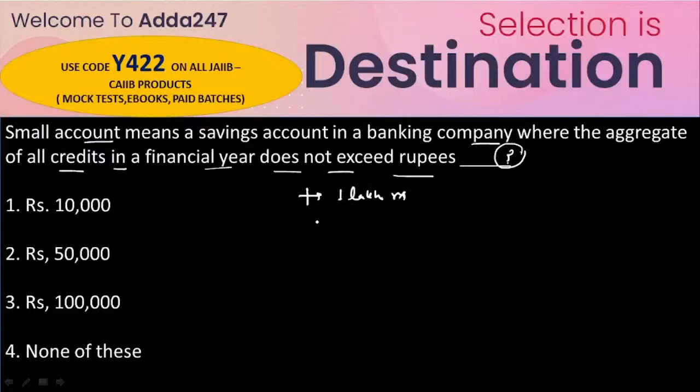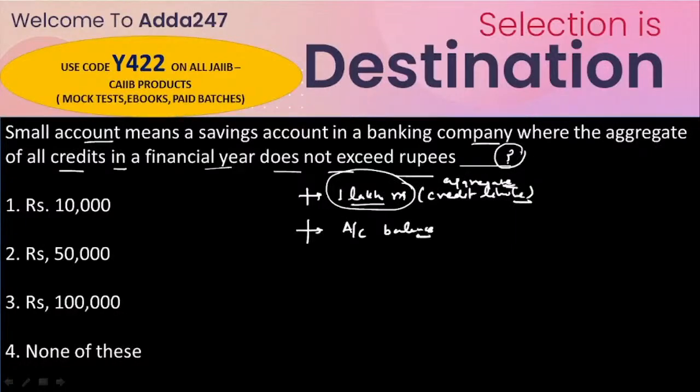Okay, and the second feature is related to the credit limit: the aggregate of all credits should not exceed 1 lakh rupees. After that, another feature: the account balance at any point of time should not exceed 50,000 rupees.